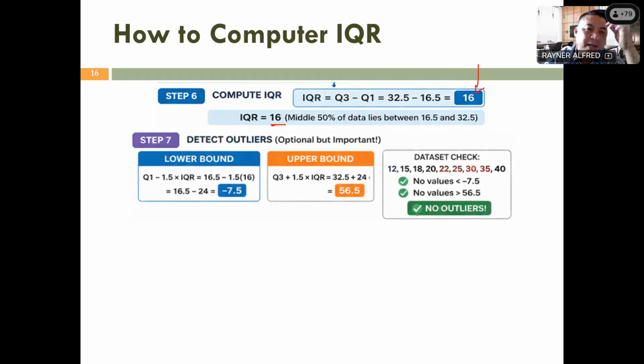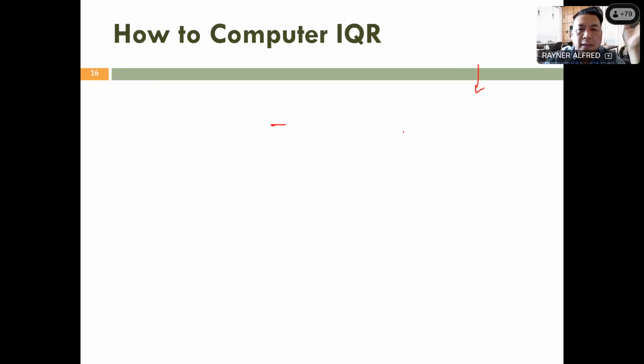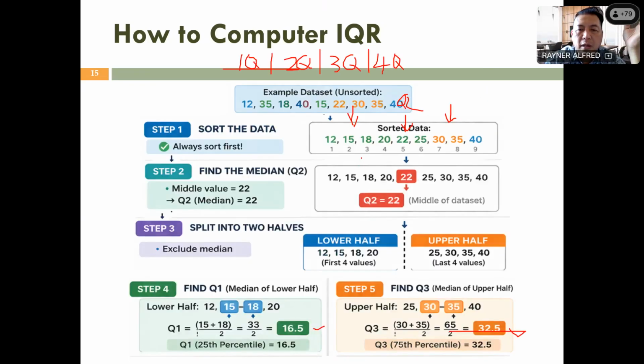So what it means is that the middle 50% of data lie between 65.5 to 32.5, which is, if I go back here, so our Q1 here is this one, and Q2 is around here, Q3.